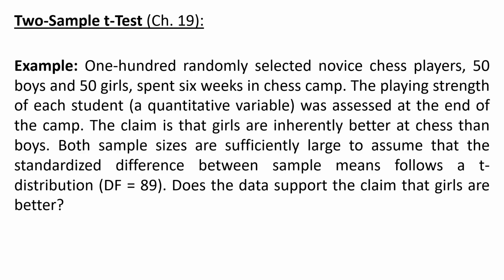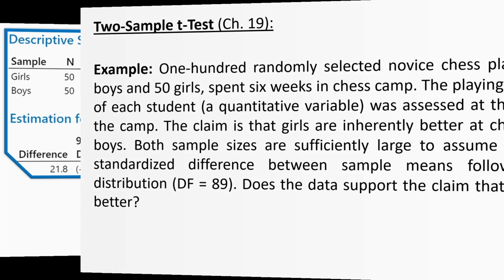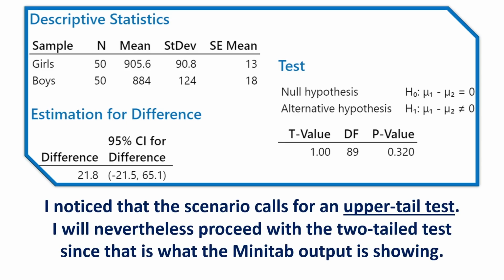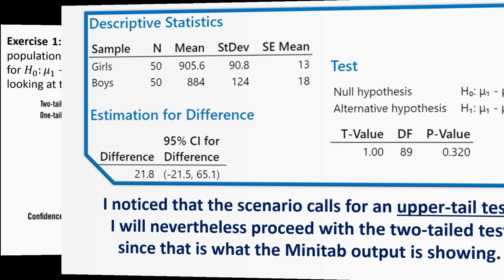But I'm just going to go ahead as if it was a two-tail test because that's the Minitab output that I have provided. So as you can see here, I actually conducted a two-tail test, kind of by accident, but we can proceed as if that is what was asked for. So we have all the information here. Let's now look at our individual questions.